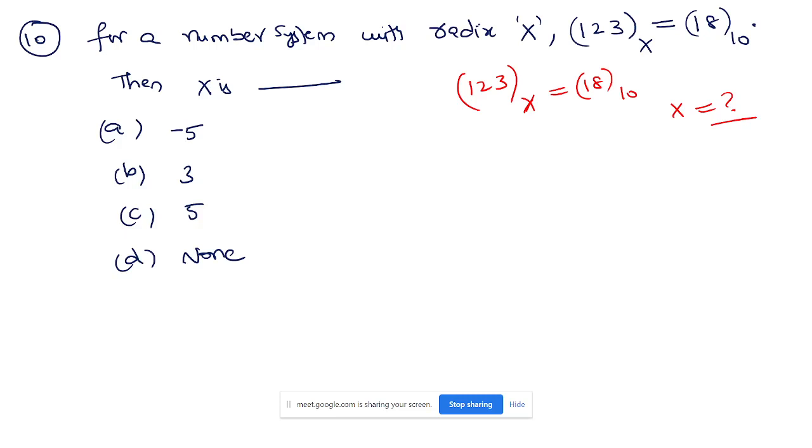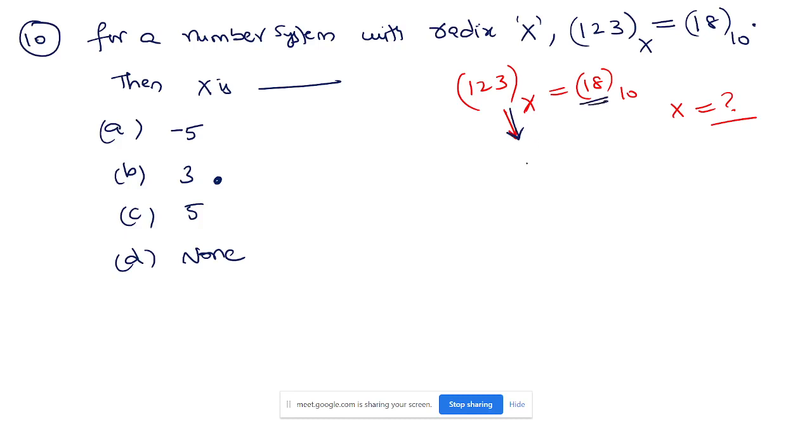Okay, any answers? Okay, option B. So you know the decimal equivalent already on the right hand side.